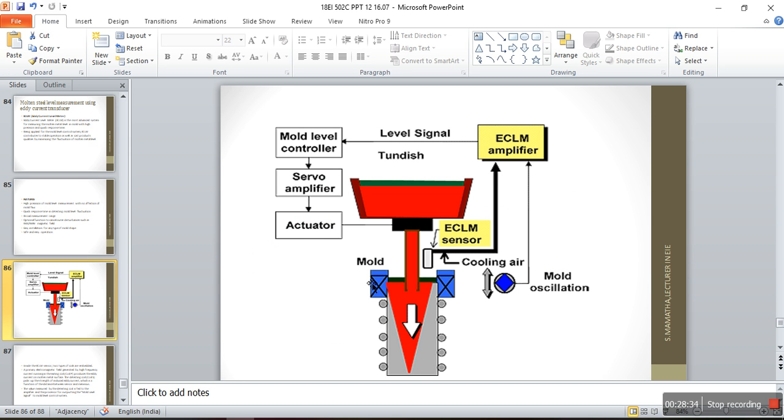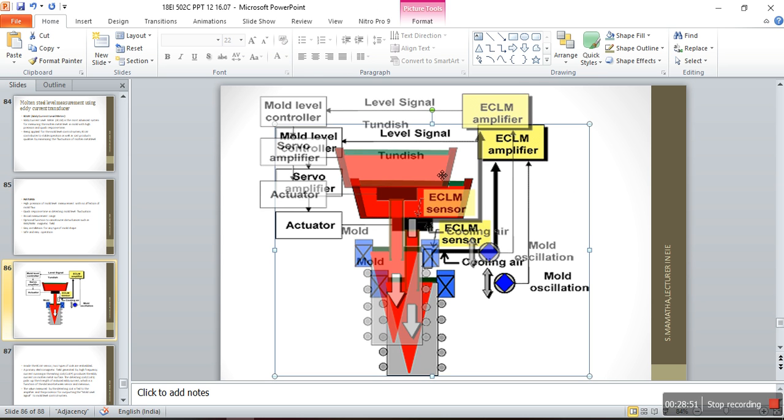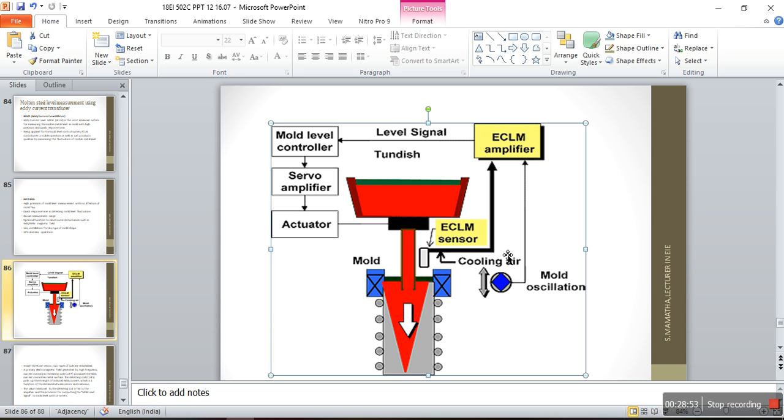Next, here we will be having a sensor, and this is the mold, the container that we have, that may be an electric arc furnace or basic oxygen furnace, or a continuous casting machine, whatever it may be. Here mold oscillations will be there.